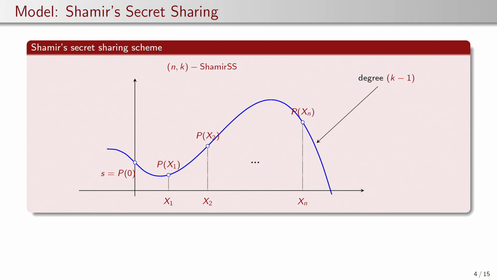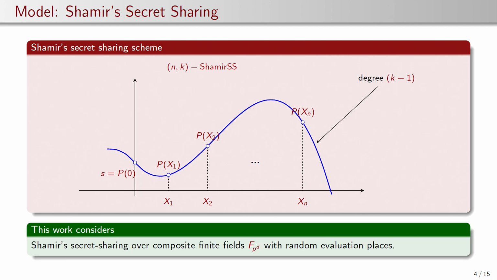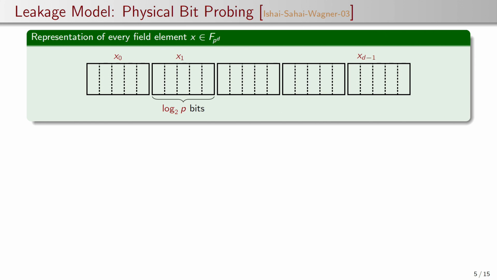And shares are evaluations at distinct places. Our work considers the Shamir scheme with random evaluation places. So it means x1, x2, through xn are sampled randomly.